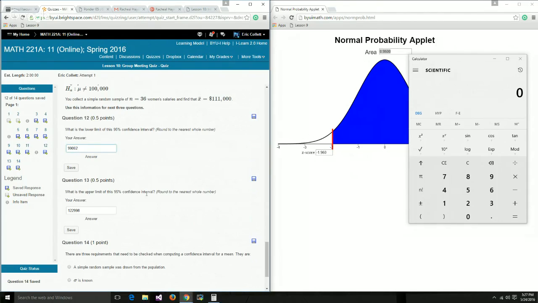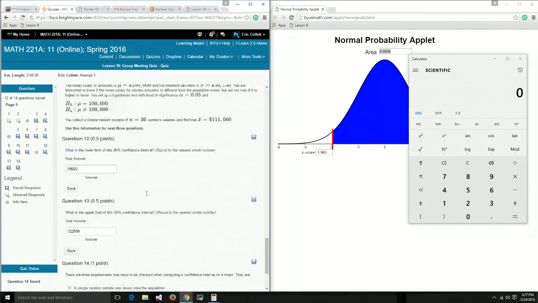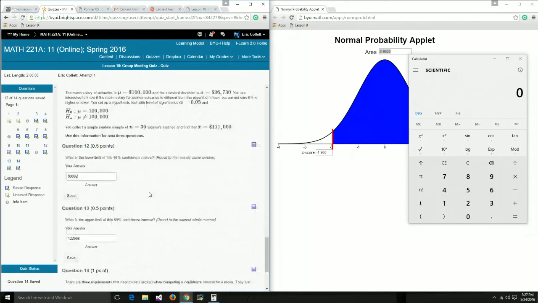For the 12 I got 104,878, and for the 13 I get 117,122. Okay, so what was your margin of error? What did you end up getting for that? Your margin of error. Do you remember how you got that? Yep.